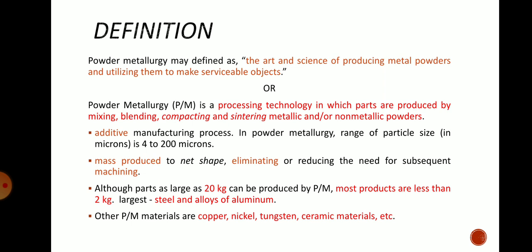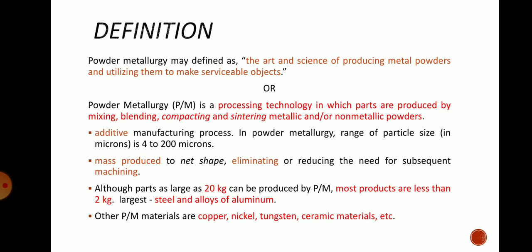Machining, milling, cutting, all these are subtractive manufacturing processes in which you remove some material from the component and prepare the final product. But casting, powder metallurgy or 3D printing, all these three are additive manufacturing methods.